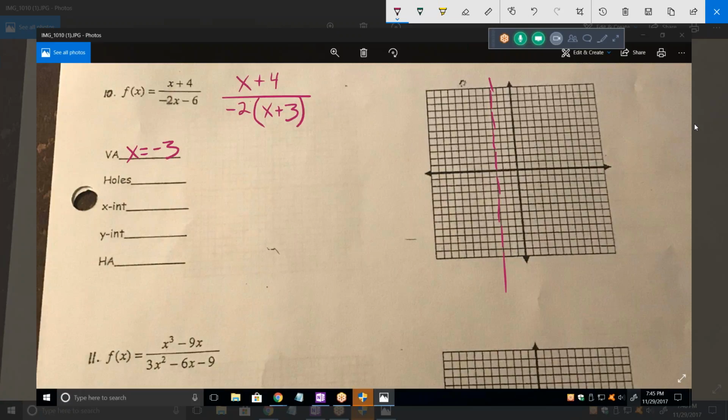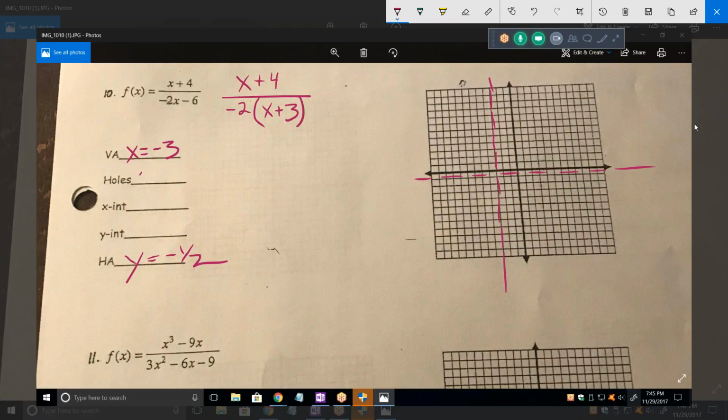Horizontal asymptote is what they should ask next. What's the horizontal asymptote? -1/2. Ratio of the coefficients when the degree is the same. It's y equal -1/2.